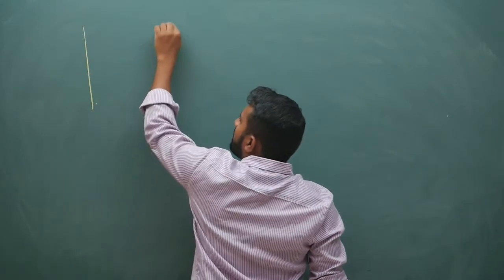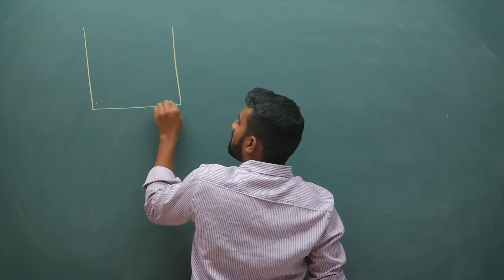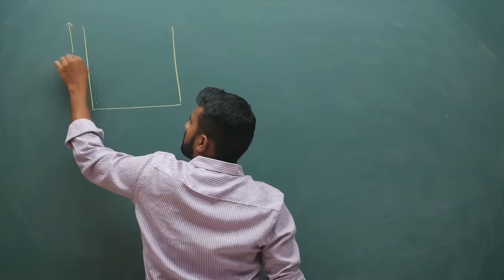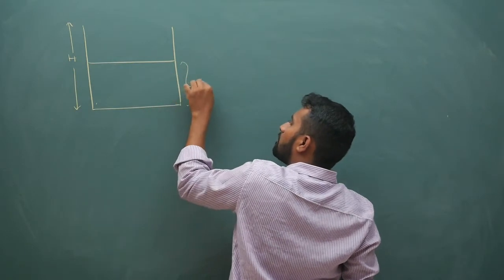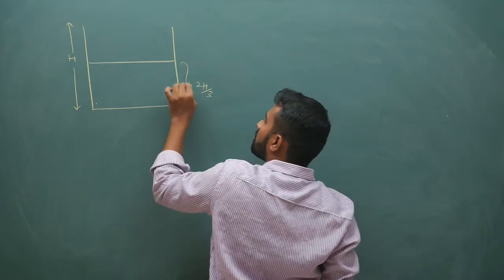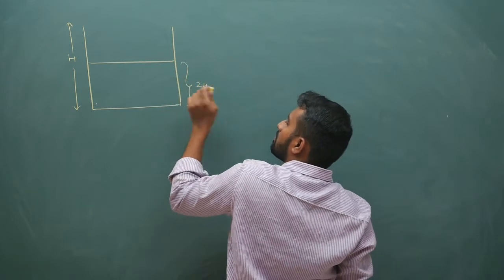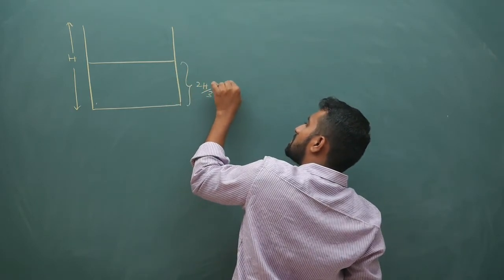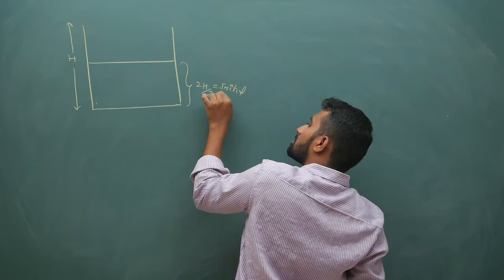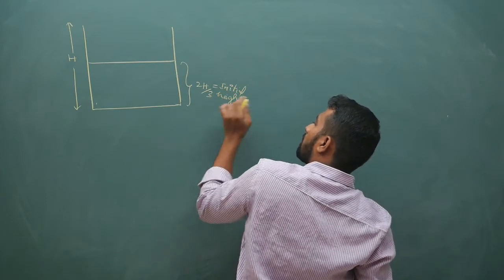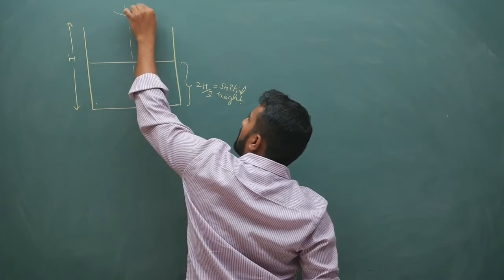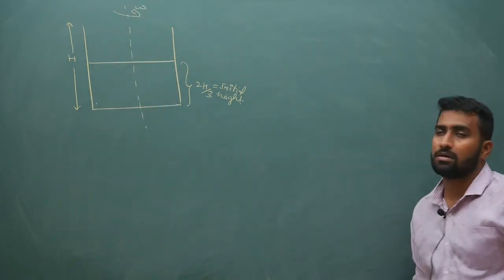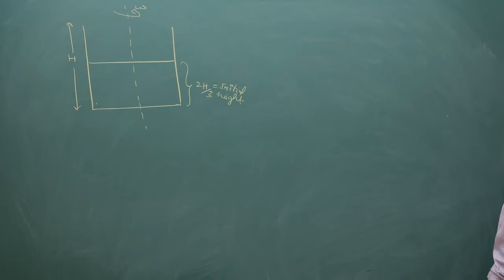You have a container of height capital H. Initially, water is filled up to a height of 2h by 3. That is the initial height. Now you are trying to rotate this. The question is, find omega.